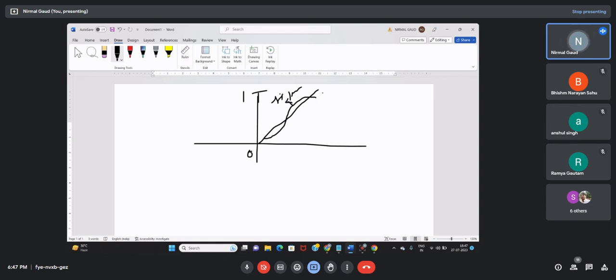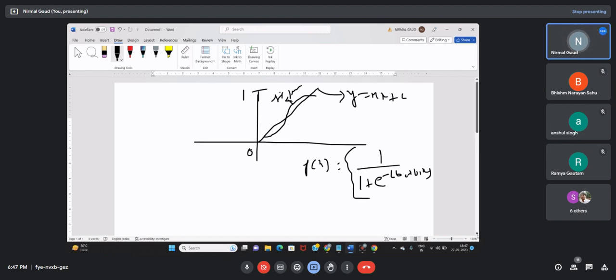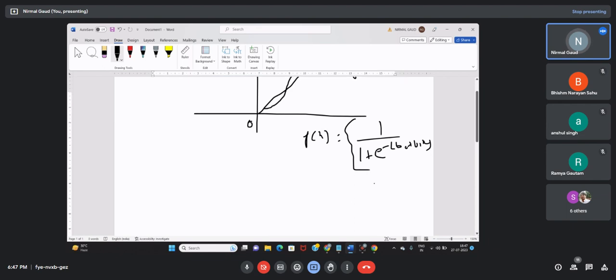This line is y equal to mx plus c, and you have seen that the sigmoid function is given as f of x equals 1 upon 1 plus e to the power minus (b naught plus b1 x).